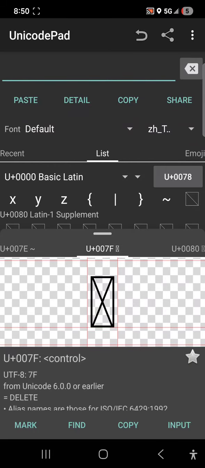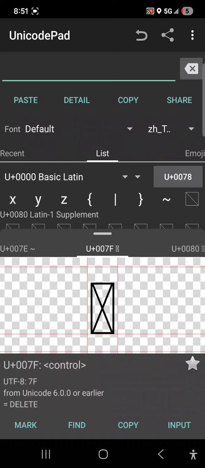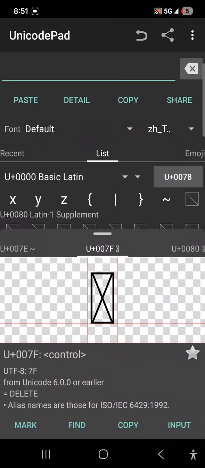It is the delete. It is a control character called delete. When this character is typed, any character before it gets deleted. It's kind of like the clear one I was talking about, but the delete one only deletes one character.